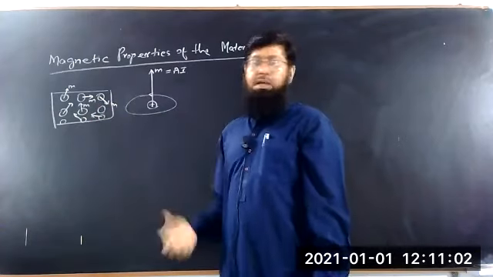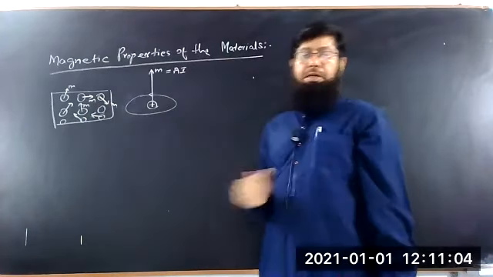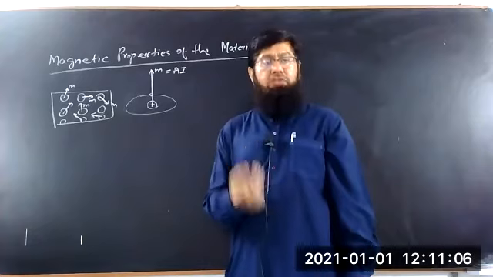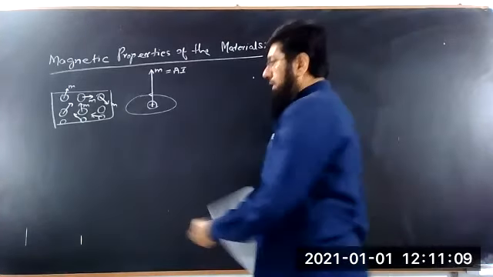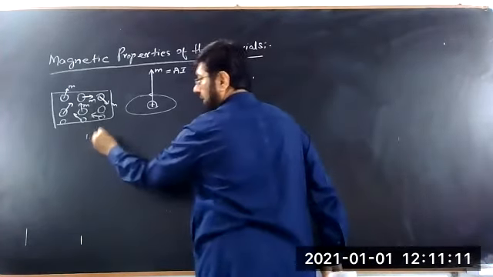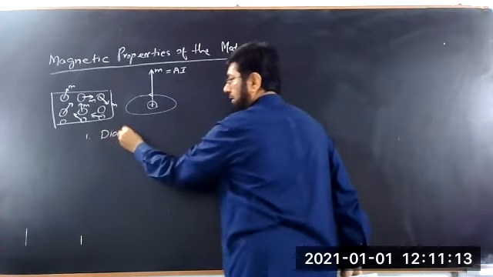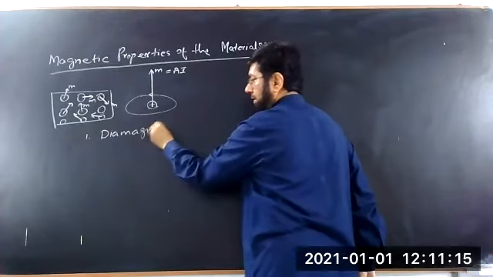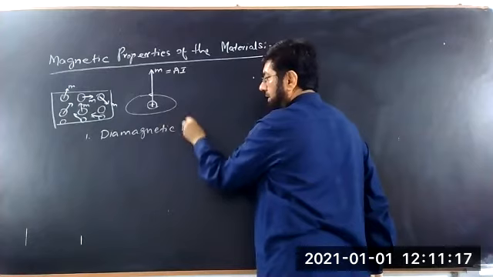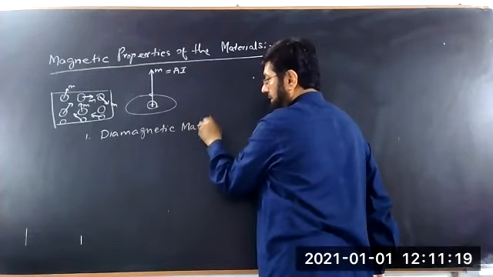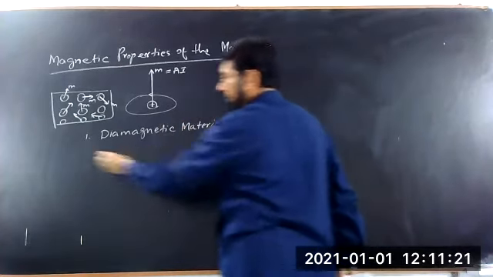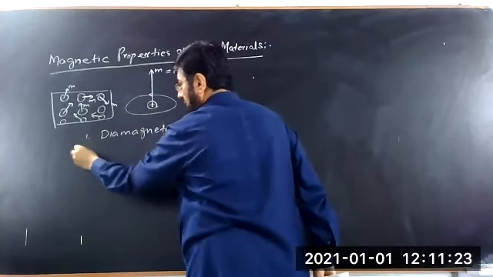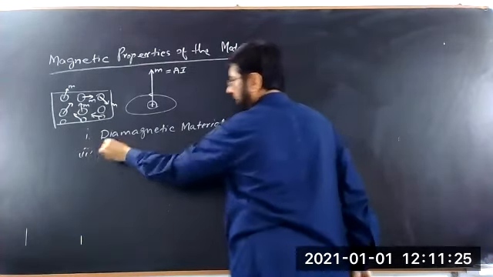So materials, according to their magnetic properties, are classified into three categories. Number one is diamagnetic materials. Number two is paramagnetic materials.